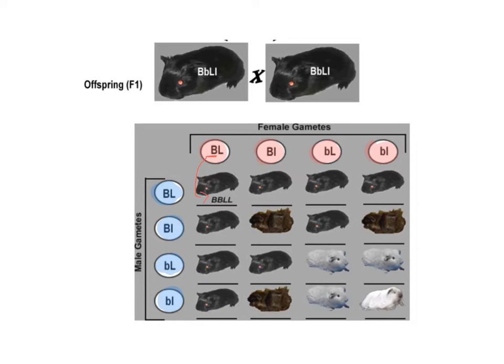This big B came from mom, and this big B came from dad. This big L came from mom, and this big L came from dad.